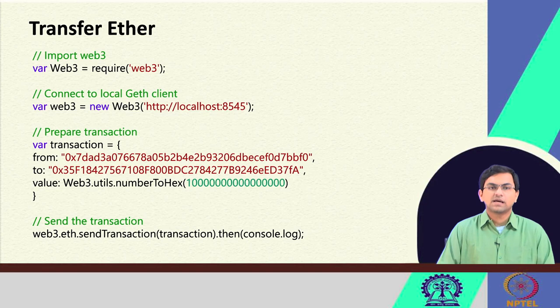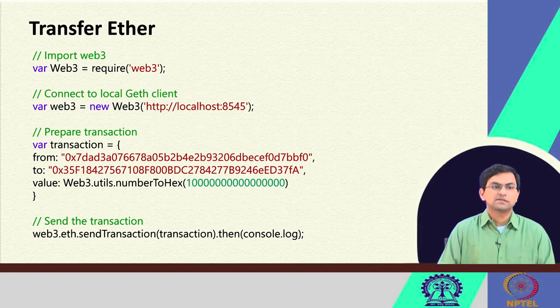Okay. So, in the last lecture we saw how you can get those ethers for test networks from the different faucets that are available. Now, here with Web3.js, we do not need to construct the post request manually, we can just use the Web3.js library to form a transaction. Okay. So, to define a transaction, we can actually define a JavaScript object like this.